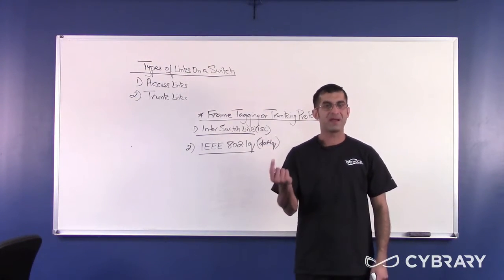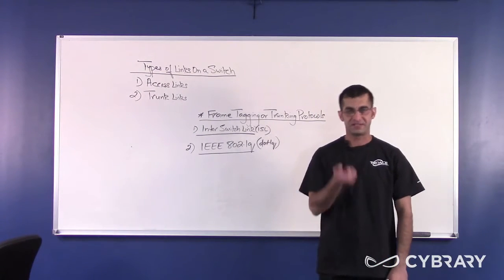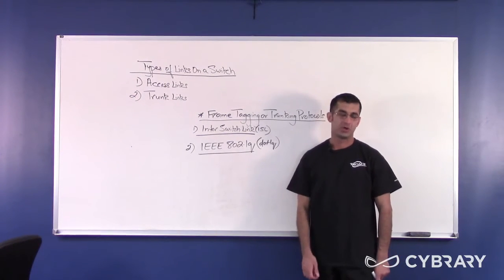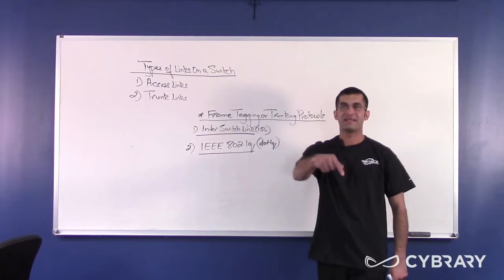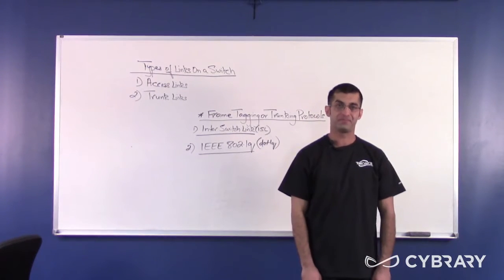It just takes a 4-byte field and inserts it in the original frame. That 4-byte field is a tag identifying what VLAN this frame belongs to. So if the frame belongs to VLAN 10, that tag will say VLAN 10. It's just inserted into the original frame.